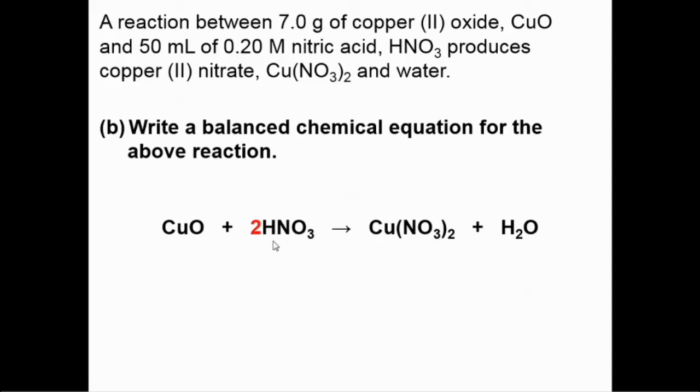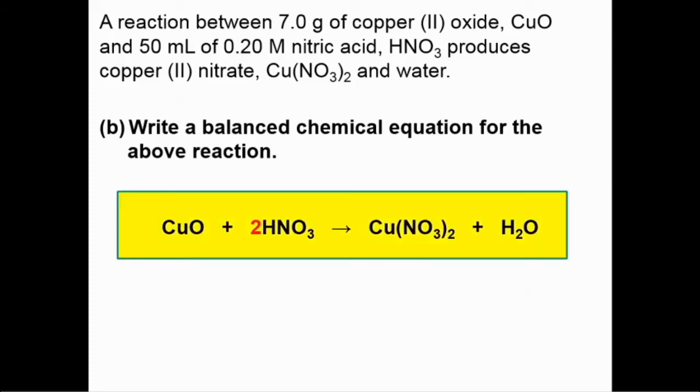Then oxygen: there are 3 times 2, so 6 moles of oxygen here, and then 6 moles of oxygen in nitric acid, 1 mole of oxygen in water, and 1 mole of oxygen here. Then hydrogen: there are 2 moles of hydrogen in water and 2 moles of hydrogen in nitric acid. So the equation is balanced.